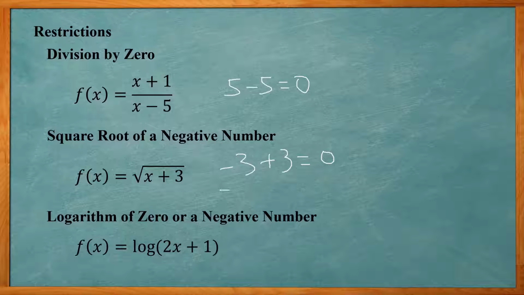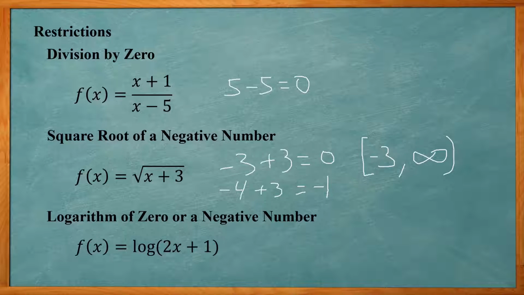If x was -4, that will give us -1. So we don't want any value less than -3. Okay, so our domain will be values that include -3, and then anything higher, so it goes to positive infinity.